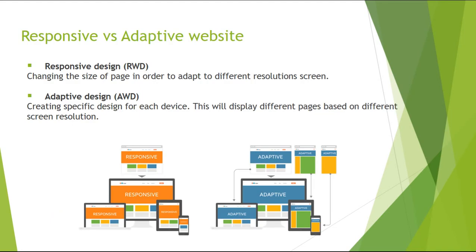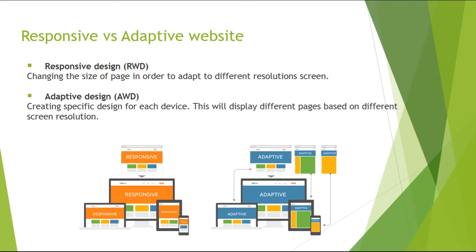So other than responsive web design, there is another alternative called adaptive website design. So I will explain responsive versus adaptive website. Actually, responsive design is to change the size of a page in order to adapt to different resolution screens, while adaptive design is one page to one device.